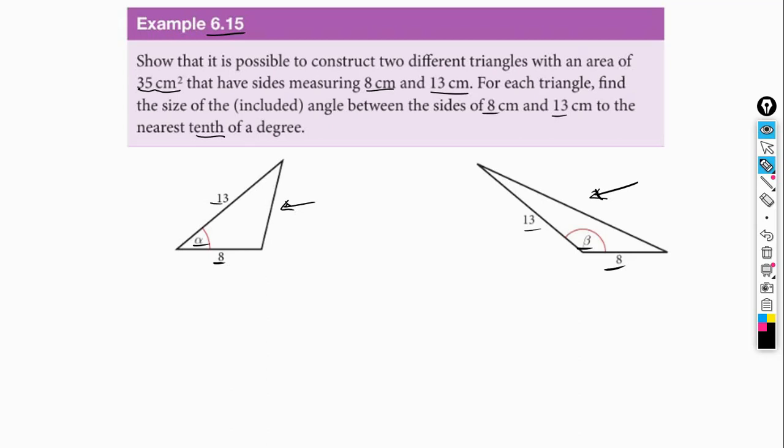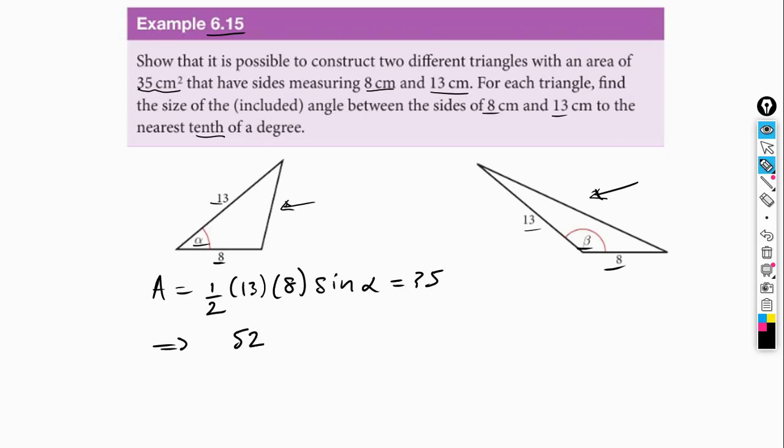So notice that we can use the formula for the area of a triangle that says that for this case on the left, the area is equal to 1/2 times 13 times 8 times the sine of alpha, and that this should equal 35. So we're going to solve for alpha. Notice that this is the same as 4 times 13, that's going to be 52.